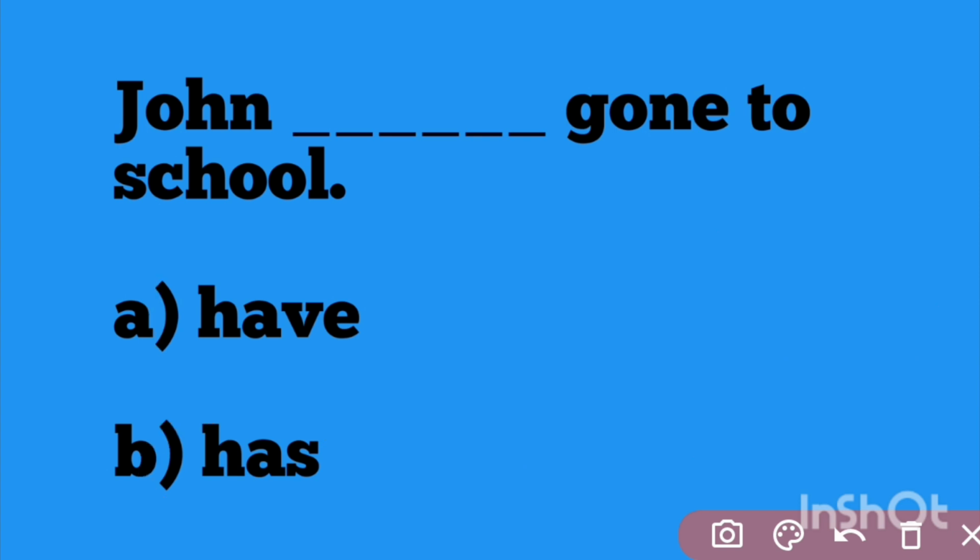In subject verb agreement, if the subject is third person and singular in number, obviously we have to use has. And if it is plural in number, whether it is second person or third person, always we have to use have.